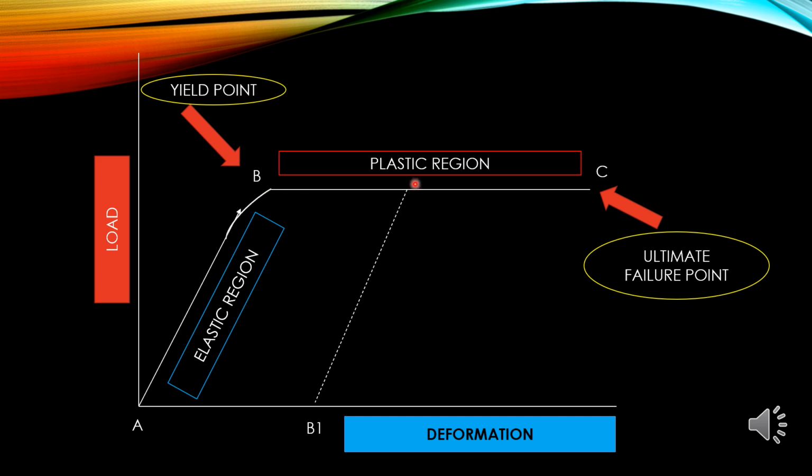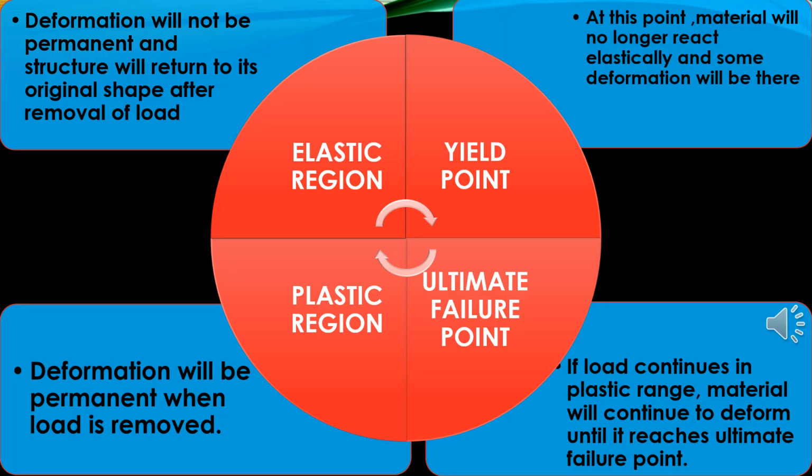That region is known as the plastic region. If we continue to put the structure under load, the deformation is permanent, and it will lead to a failure point, and that is known as point C. That is the ultimate failure point. This slide we have already discussed while explaining the graph, so you can refer to this slide for further understanding.